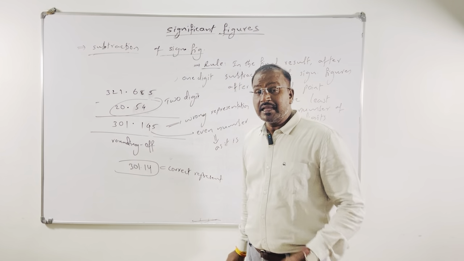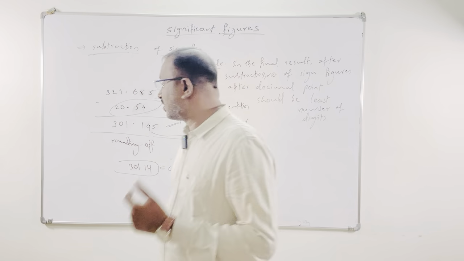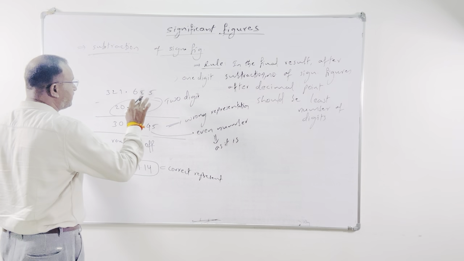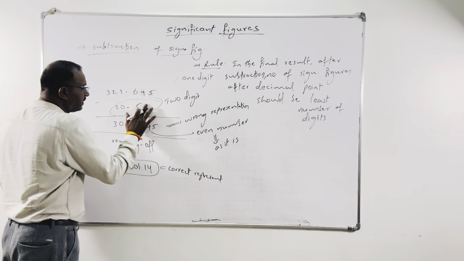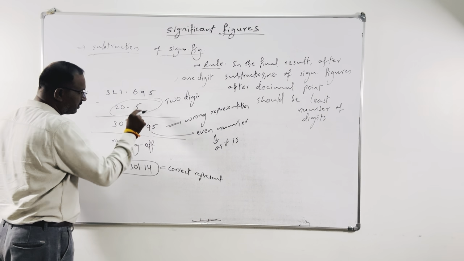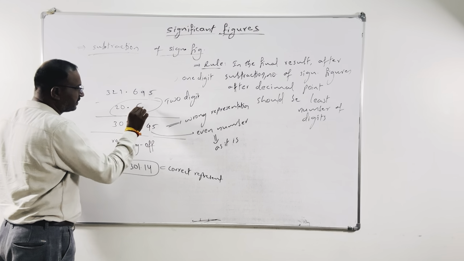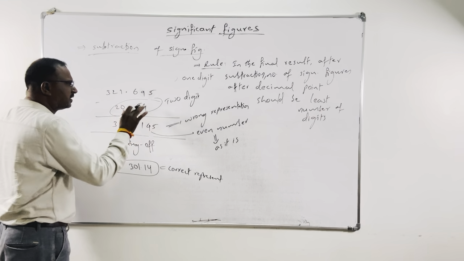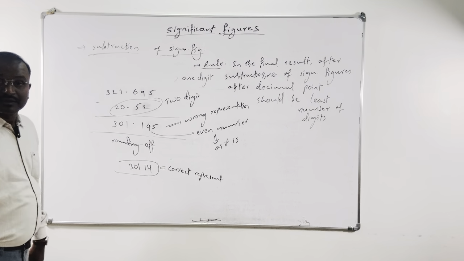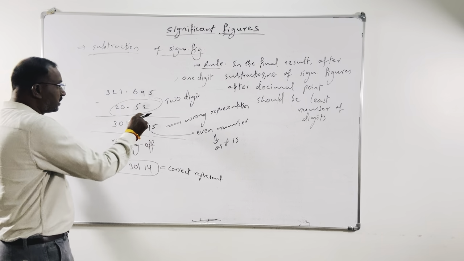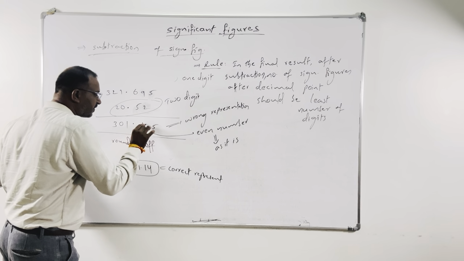If the before digit is odd, like I'm taking 9 here, and how to get an odd number? 3, no, an even number we get 4. I need an odd number, 2 if it is there. So on rounding off it becomes 7.5.